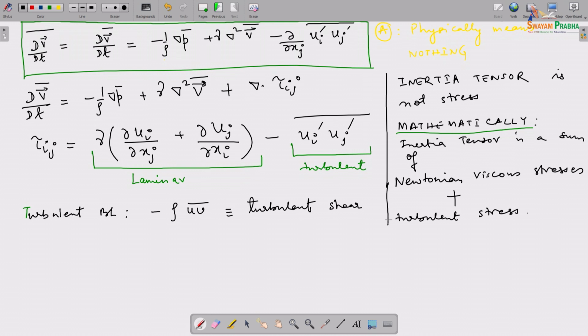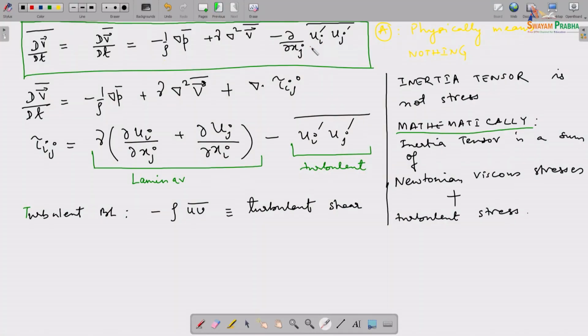Okay. So, I think that's all I have to speak as far as the Navier-Stokes equation is concerned. And when we introduce it, essentially what I did is I introduced the velocity for a turbulent flow, writing the velocity in terms of a mean and a fluctuating part, and we ended up getting a term something like this because of the time averaging, right. Now, if I do get that term, what does this mean? Well, physically it means nothing. But we are trying to understand this.